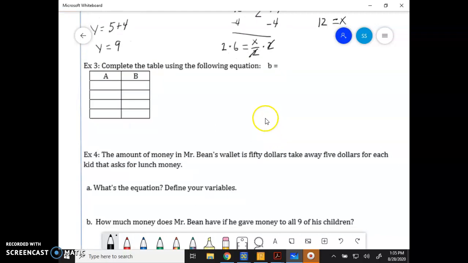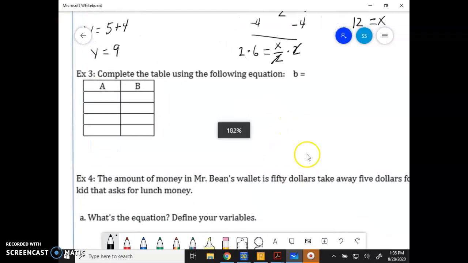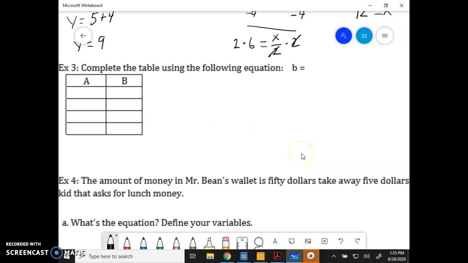All right, I'm going to have you guys plug in some numbers here. Let's write the equation first. Let's do b equals a plus 4 over 2.